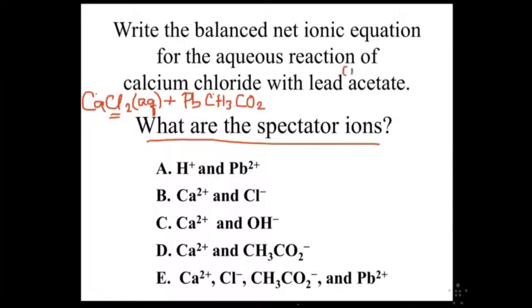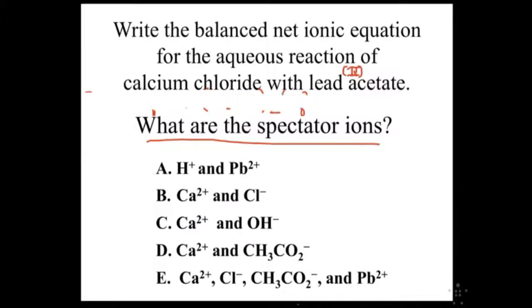This should say lead 2 acetate. There's a lead 4 as well, so I apologize for that. So lead 2 acetate, we're going to have 2 of these acetate ions in there. Acetate ions always make soluble compounds because they're just so big, so we've got that as our formula equation.